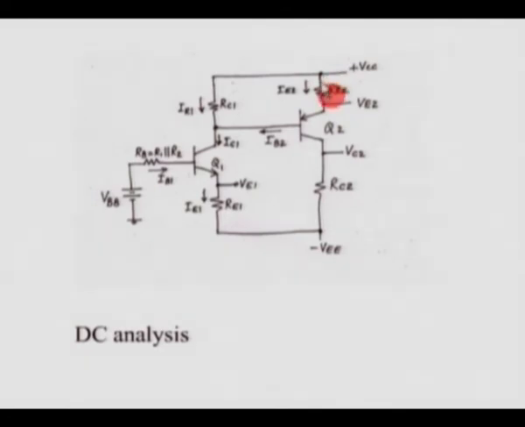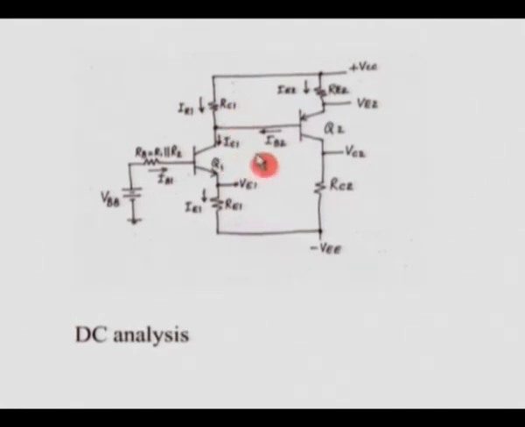IE2. Once we get an equation for IE2, we can divide that by beta plus 1 to get IB2. Now this particular expression has the term VC1, which is the collector potential here. We can write IR1 as VCC minus VC1 divided by RC1.